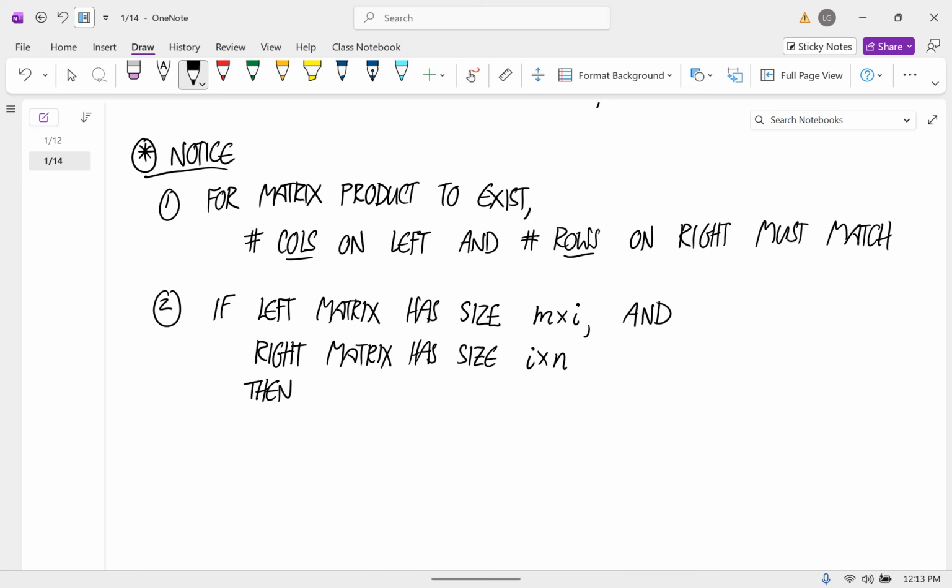That's why those i's are the same number. Whatever i is, it could be 50 or 2 or whatever. But then the product matrix, who wants to guess what the size of the product matrix would be? Yeah, perfect. The product matrix has size m by n.